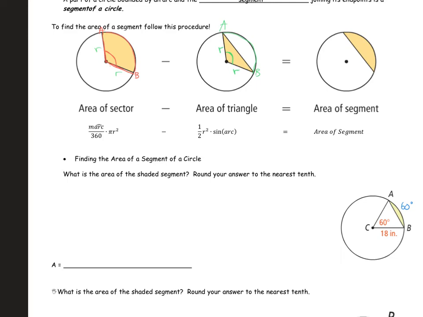I'm going to do 60 over 360 times our radius, 18, so 18 squared, times pi, can't forget my pi, minus 1/2 times 18 squared times the sine of 60.